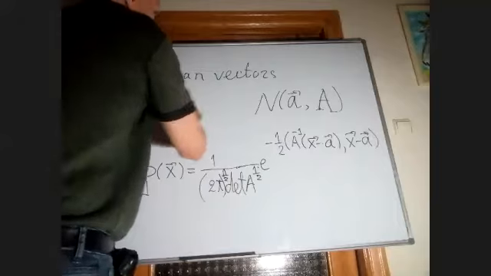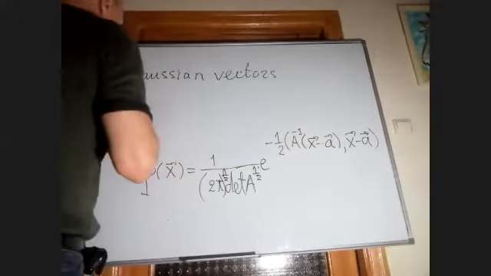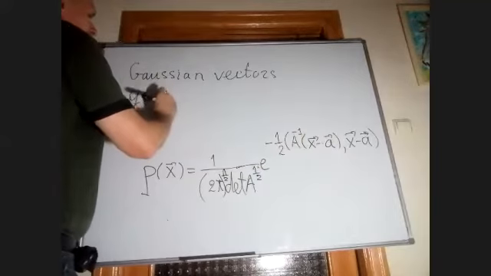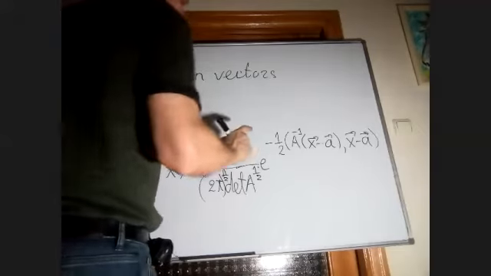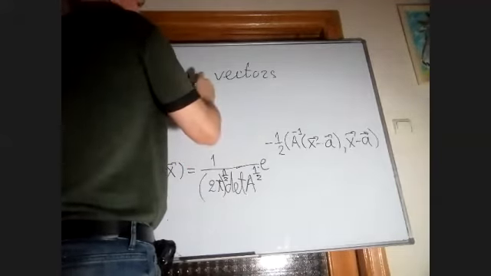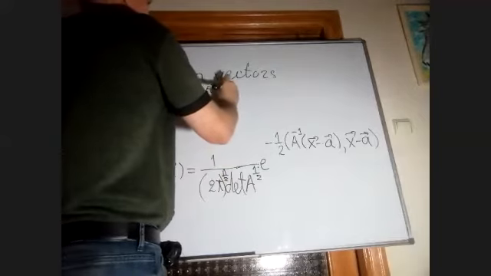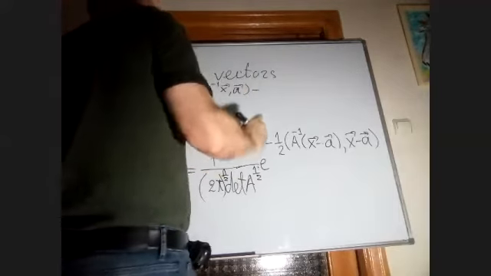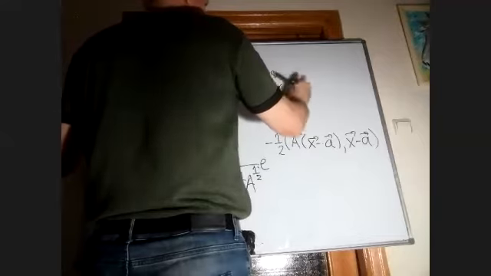So we have a density Q of x, which will be equal to exponent of a minus 1 x a minus 1/2 of a minus 1 a.